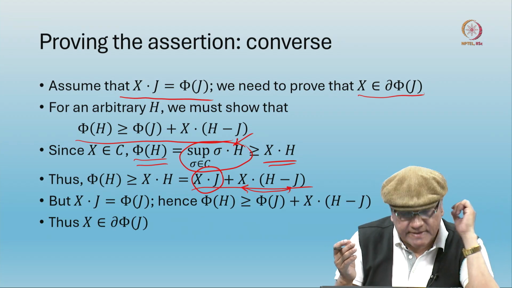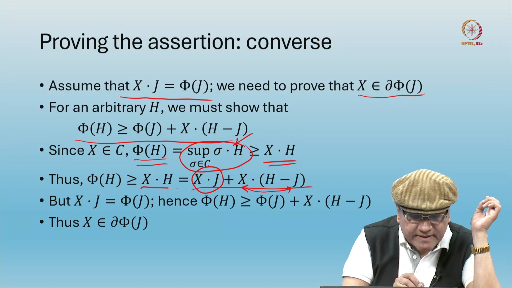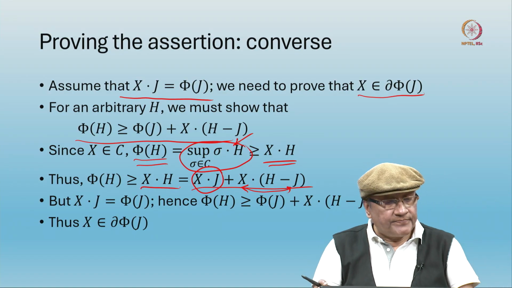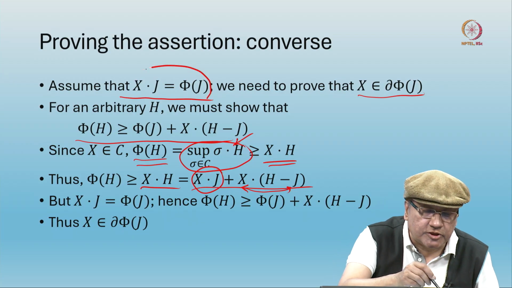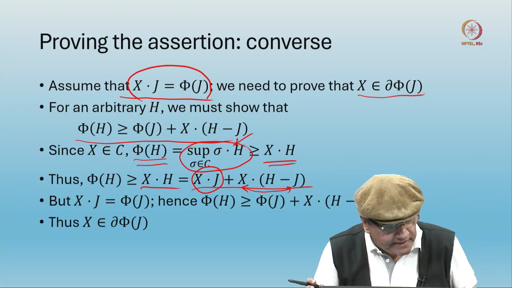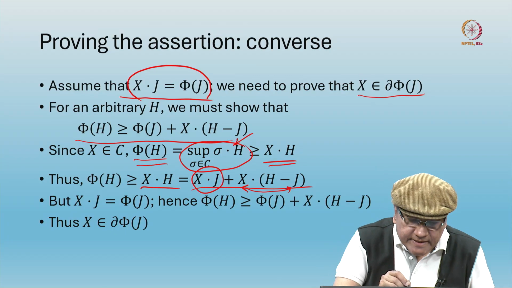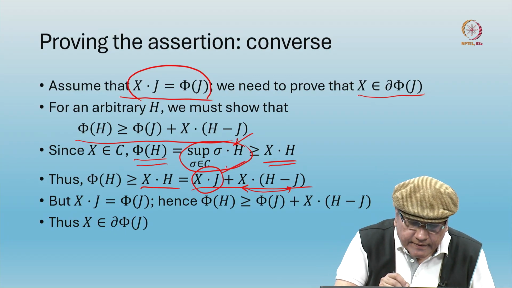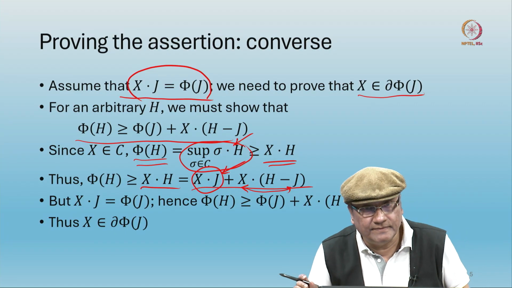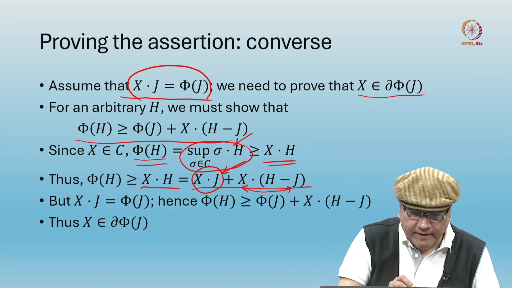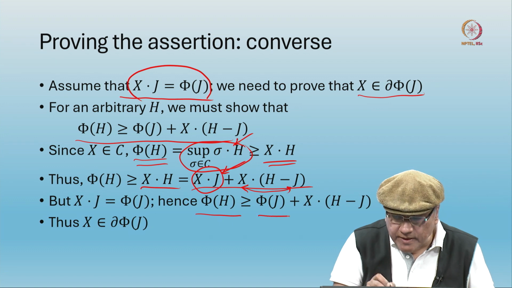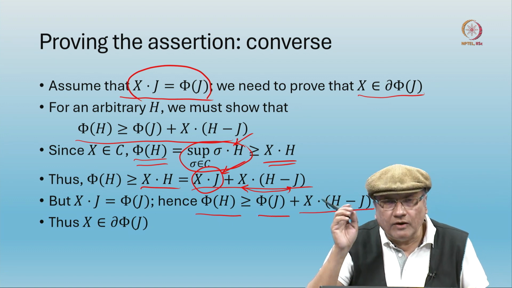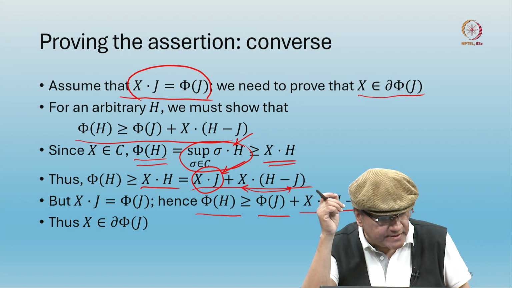So, all you have got is x inner product h, that is all, I have just written it in another way, right. Now, we already started with the assumption that x inner product j is equal to phi j. So, instead of x inner product j here, put phi j. Then we have phi h greater than or equal to phi j plus x inner product with h minus j.